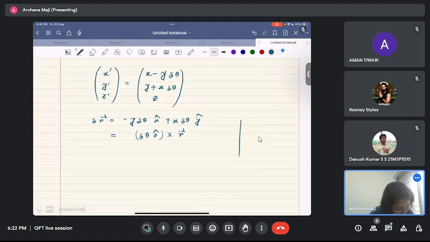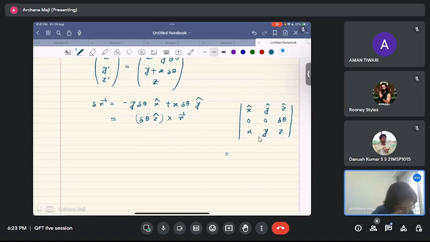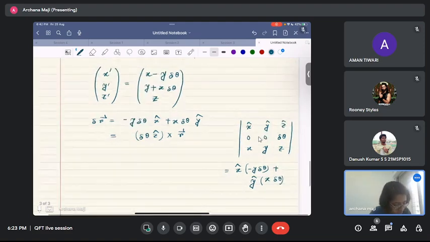Because the last step is, you have delta theta along z and the r vector is x, y, z, and that will give you minus y delta theta x hat plus x delta theta y hat, correct?